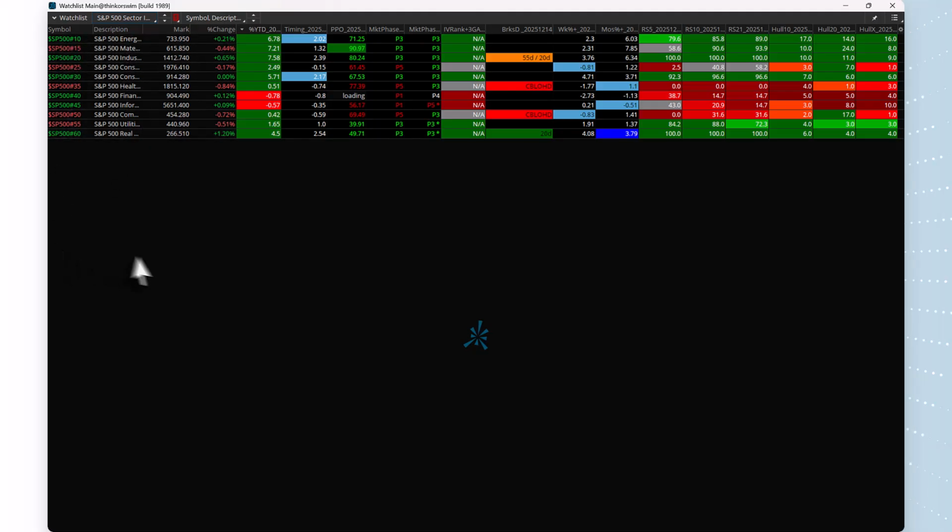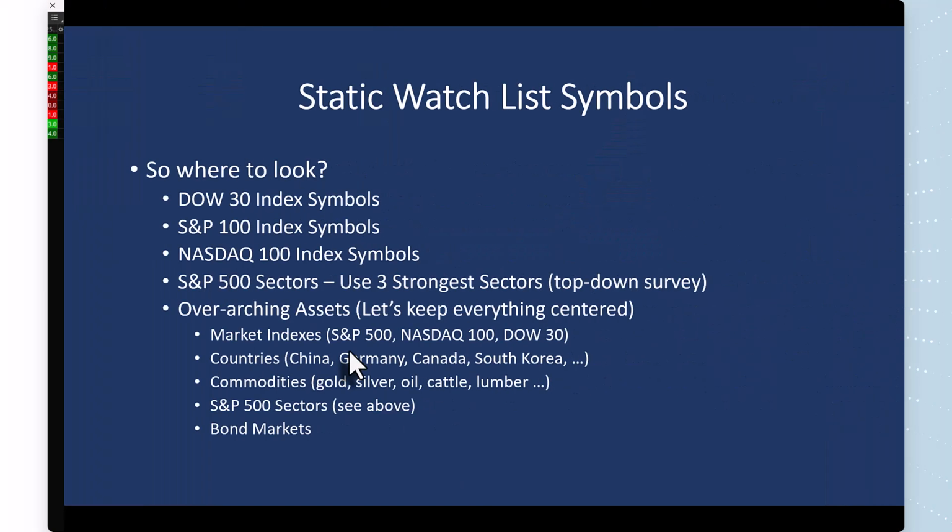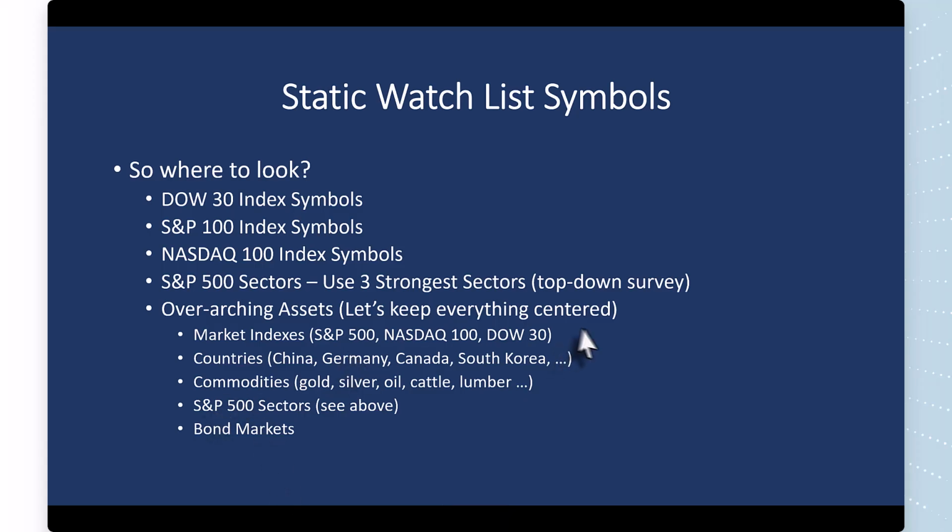I use the same criteria for evaluating who's on top, where the strong sectors are, and that's where I start from, this list here. If I know that, then I can jump to the appropriate sector that I'm looking for. So let's jump back over here for a second. I like to use the top three sectors, if you will, for my detailed search for the stocks.